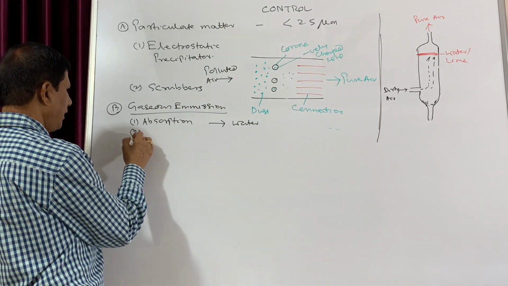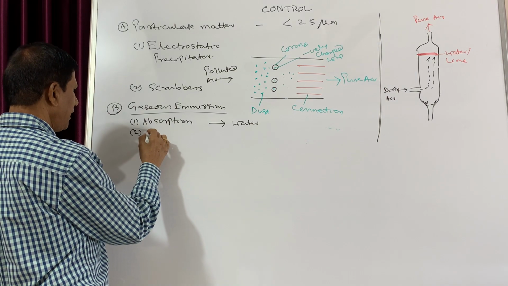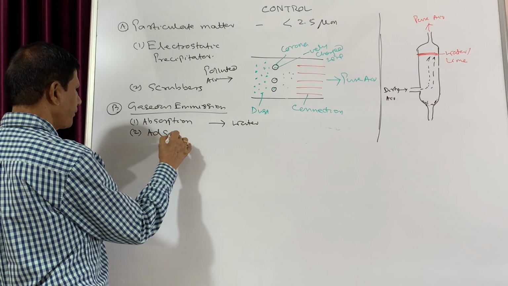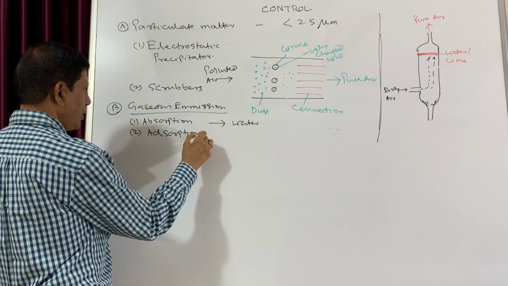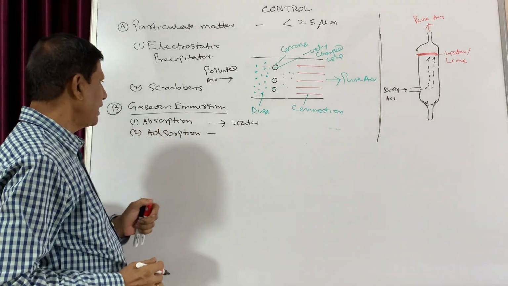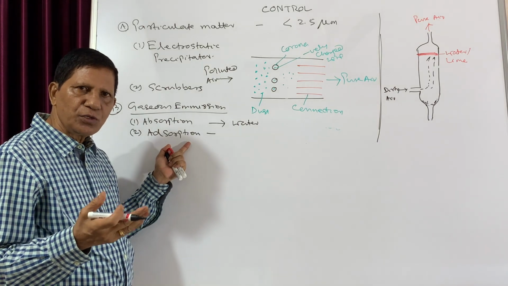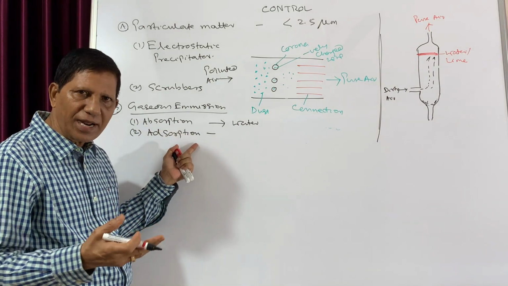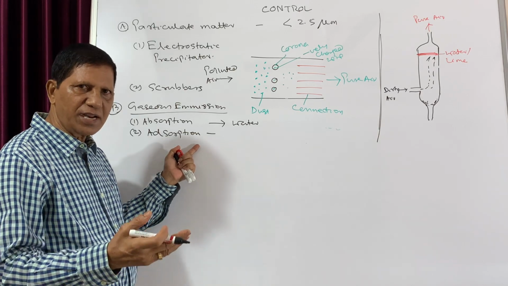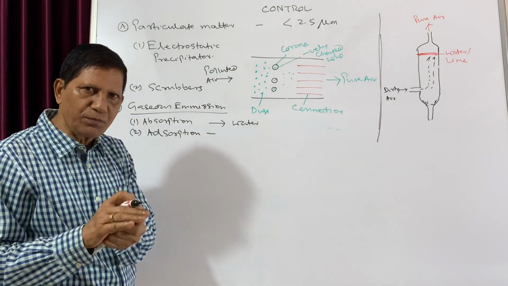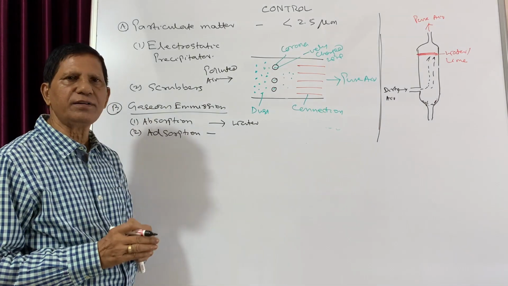Then the second method is usually adsorption. In adsorption, usually we will pass the polluted gases through different metals or different substances which will adsorb the polluted substances.